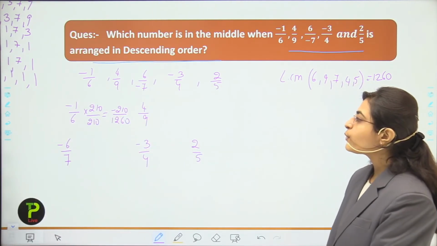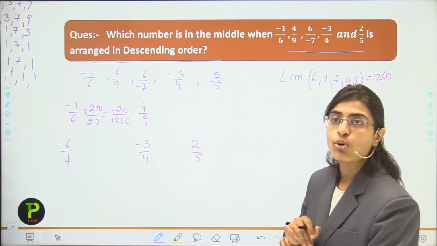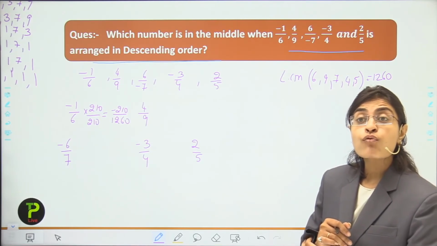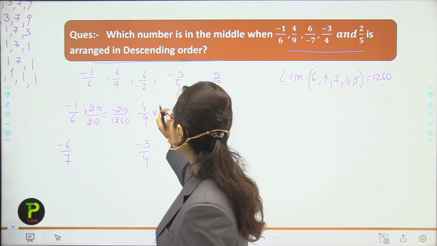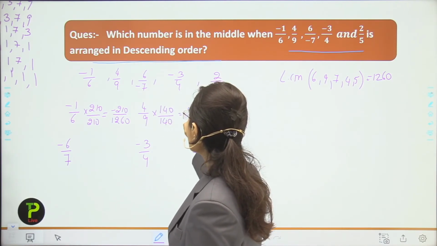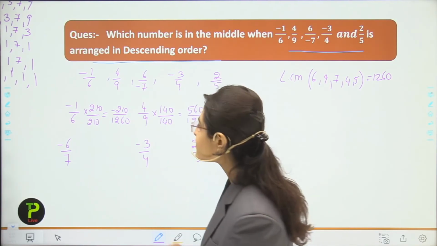Now I have to take 9 as 1260. Alright, what should I multiply it with? 140. Alright, so multiply the numerator and denominator by 140. So it will be 560 upon 1260.